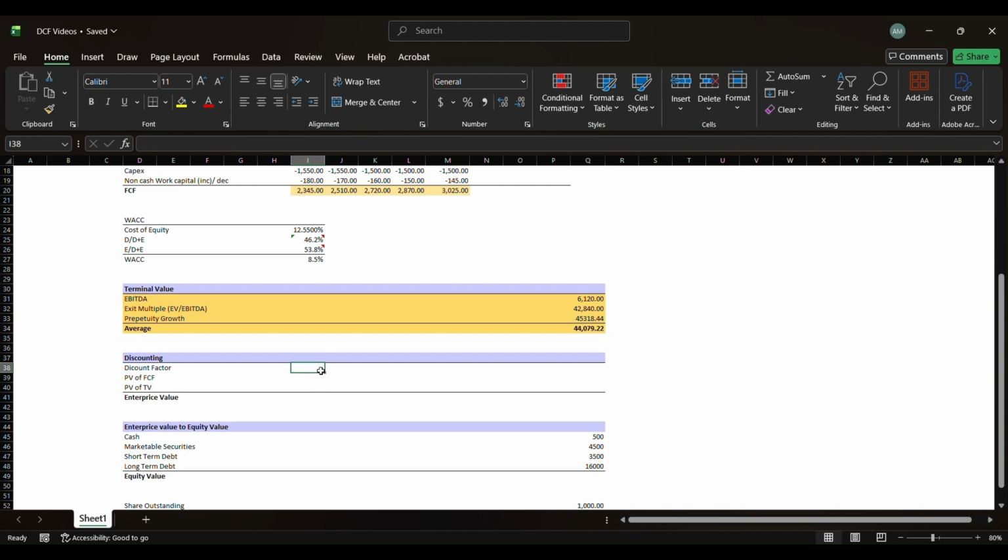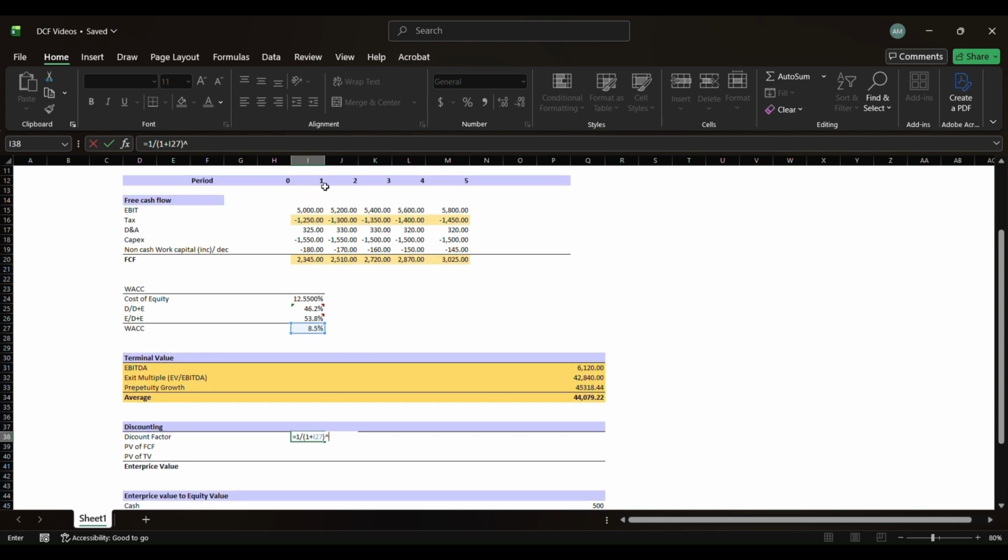So how can we calculate it? It is equal to 1 divided by 1 plus WACC, compounded. So now we have to compound it. Go to the year 1 section and enter.